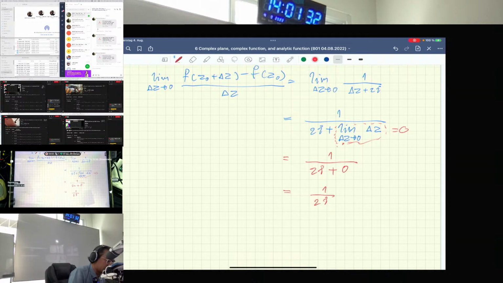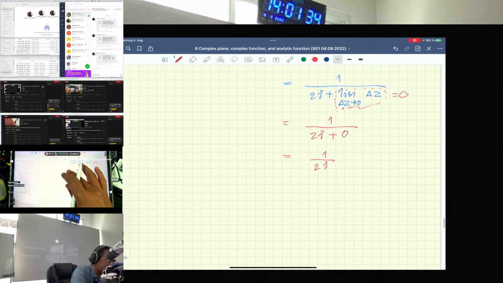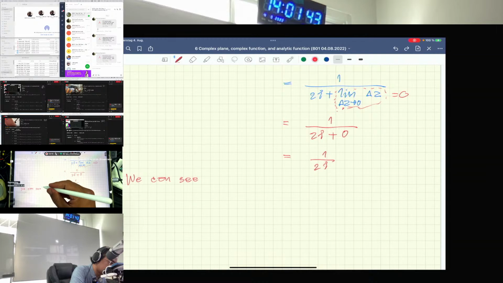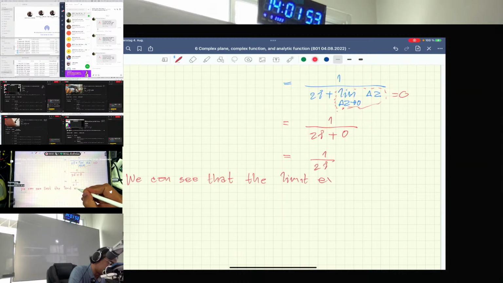Okay, so we can see that the limit exists. Okay, the limit can be found.